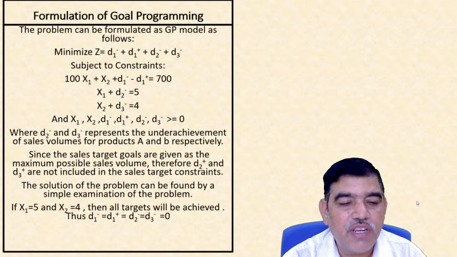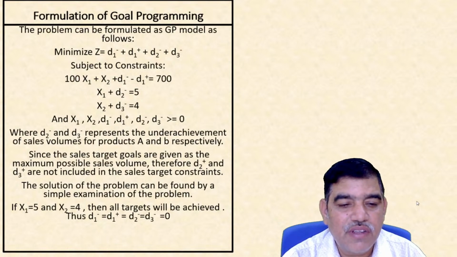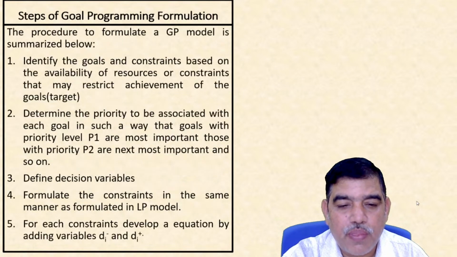If X1 equals 5 and X2 equals 4, then all targets will be achieved. Thus, D1 negative, D1 positive, D2 negative, D3 negative are all 0. If they are all 0, then X1 equals 5 and X2 equals 4, which means the goal is achieved.